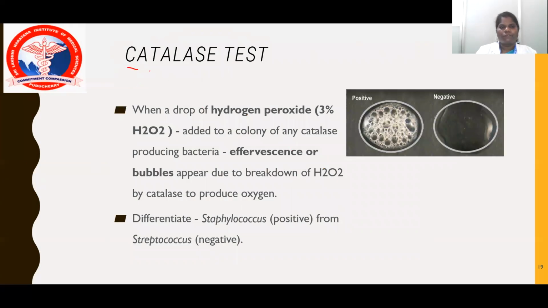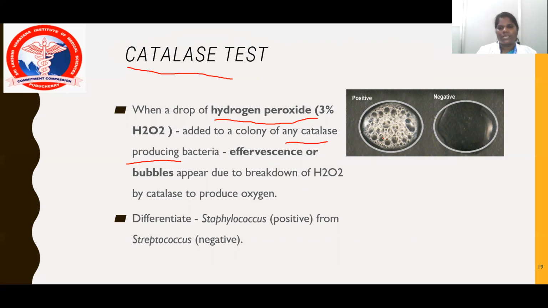Let me proceed to the first test, called the catalase test. You can do it in two ways: either put the hydrogen peroxide and inoculate the organism, or inoculate the organism and pour the hydrogen peroxide. Basically, we are detecting catalase enzyme producing organisms. If the organism has the catalase enzyme, it will react with the hydrogen peroxide and release water and oxygen.